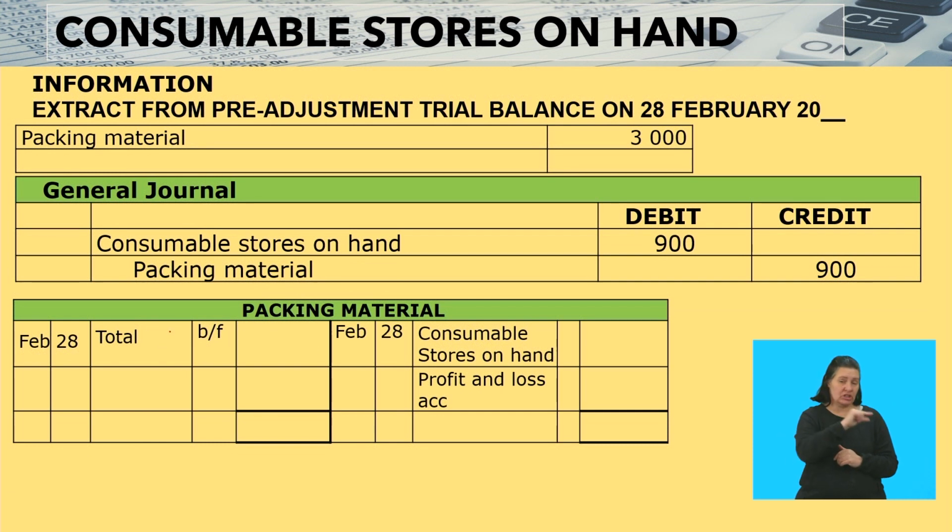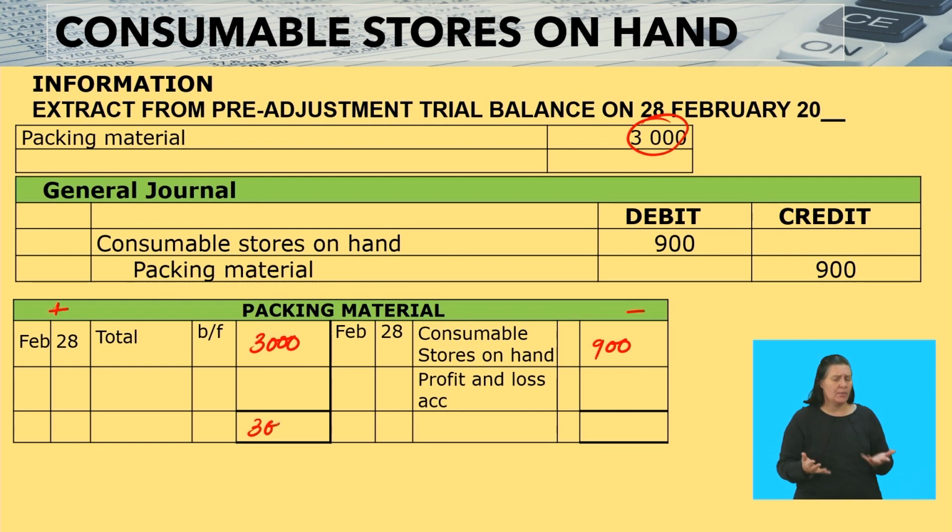So in the packing materials, remember it's an expense account, so it will increase on the debit, but it will decrease on the credit. And therefore, you have total brought forward, and the amount is 3,000. So I'll come here, I have my 3,000. And the consumable stores on hand is 900. I now want to know how much am I going to take to the profit and loss account.